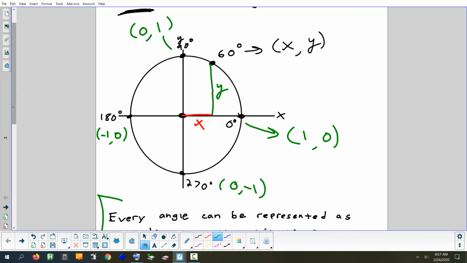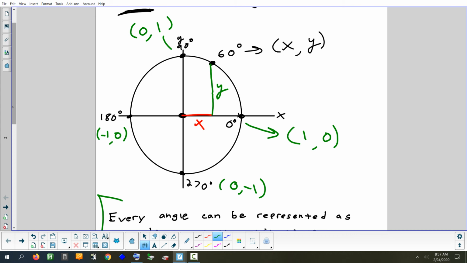Those 4 angles, 0, 90, 180, and 270, are special angles called the quadrantal angles. The reason they're called quadrantal angles is because they're on the axes, and the axes break up things into quadrants. One thing that's special about them is they all have a 0. Every quadrantal angle has a 0, and it actually has a 1 in it, or a -1.